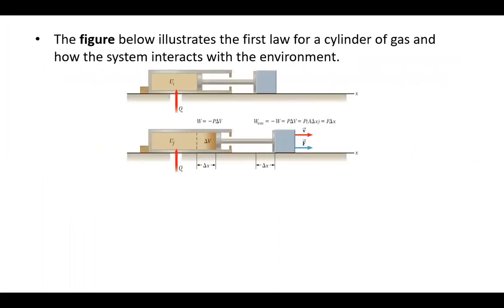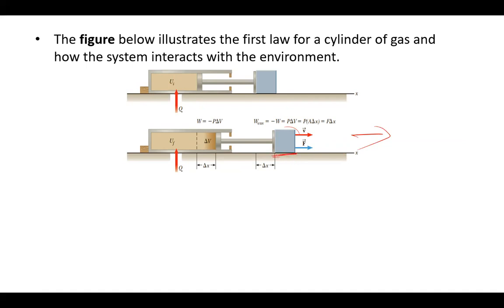Okay, let's look at this figure here. The figure below illustrates the first law for a cylinder of gas, and how the system interacts with the environment. When you add heat to the cylinder, you expect the gas inside the cylinder to expand. As it is expanding, it begins to push the block, and the block will begin to go this side.